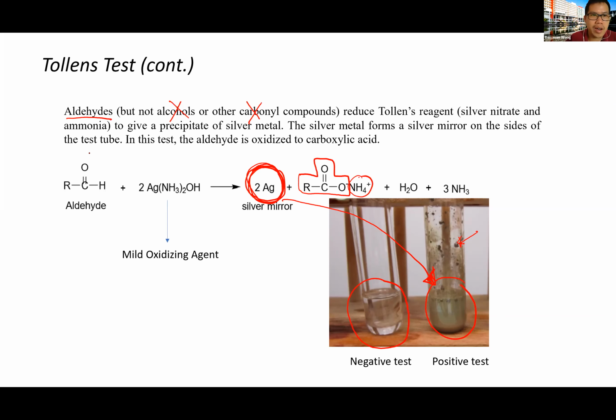So the aldehyde changes to carboxylic acid, but this carboxylic acid has the ammonium associated with it in ionic bonding, plus and minus.